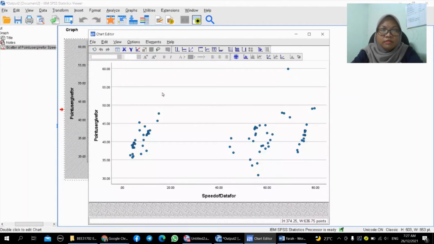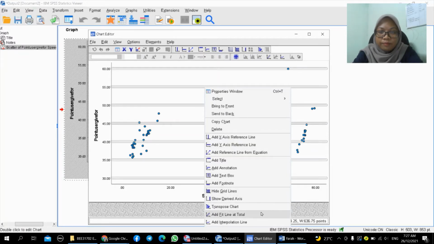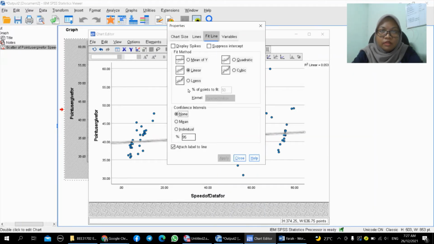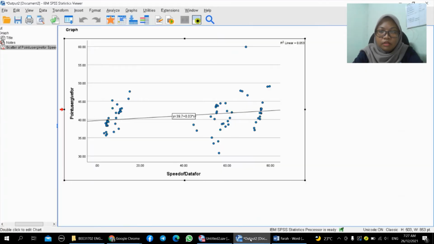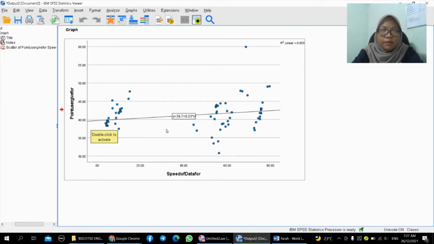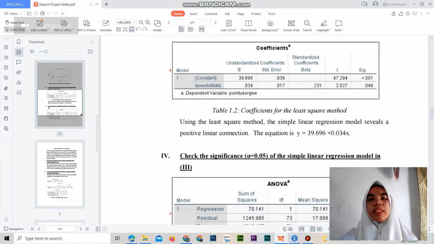Double click the graph, then right click the graph and click add fit line at total. Then close. From this we can see that we got a positive linear relationship graph with y equal to 39.7 plus 0.03x.